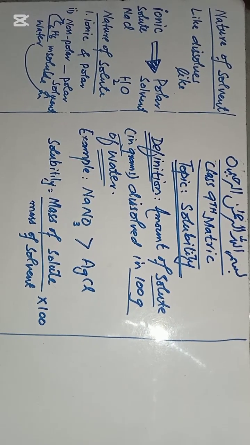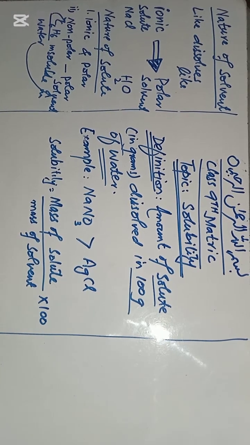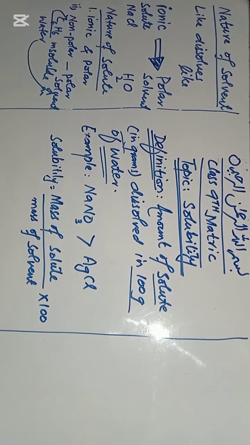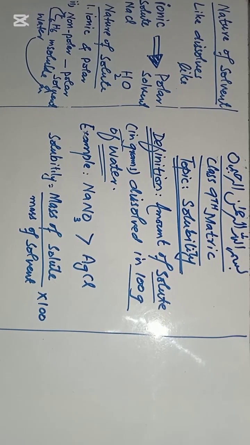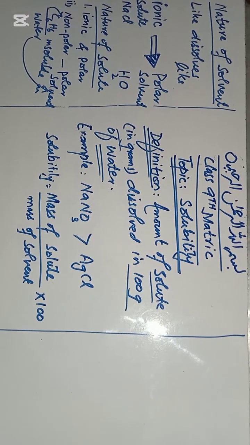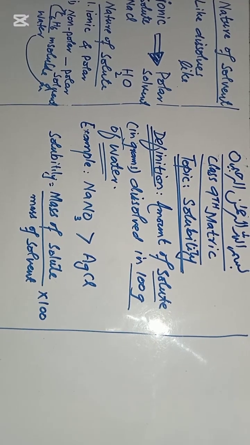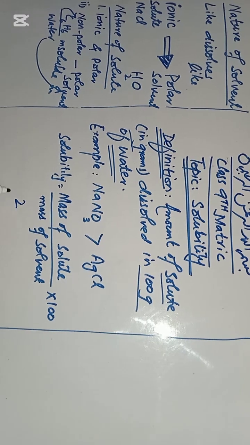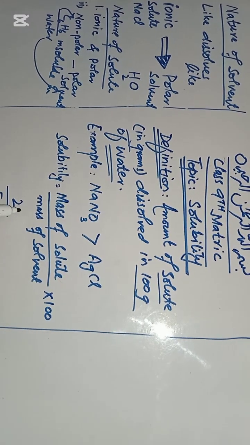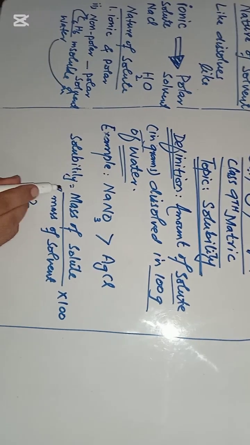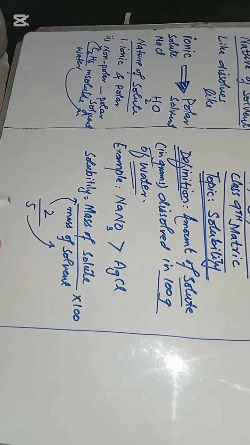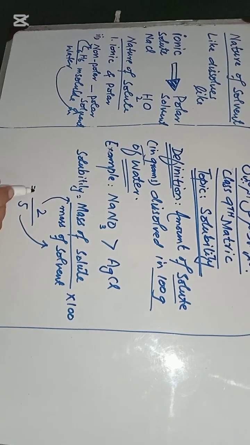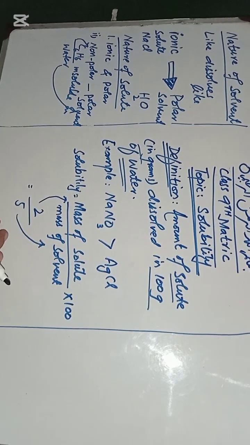But sometimes we have to take a very accurate quantity to find the solubility of a solute. So we are taking a little amount, let's suppose 2 grams of solute and 5 grams of solvent. So how can this tell us the actual solubility?